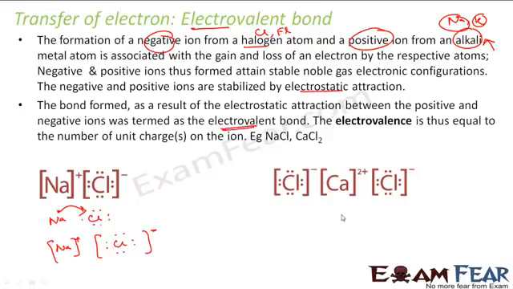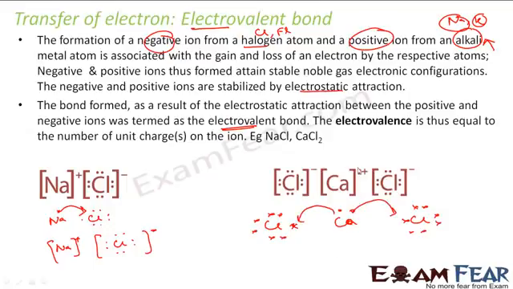Another example is CaCl2. Calcium has 2 electrons in the outermost shell, and each chlorine has 7. This calcium easily gives 2 electrons, 1 to each of the chlorines.